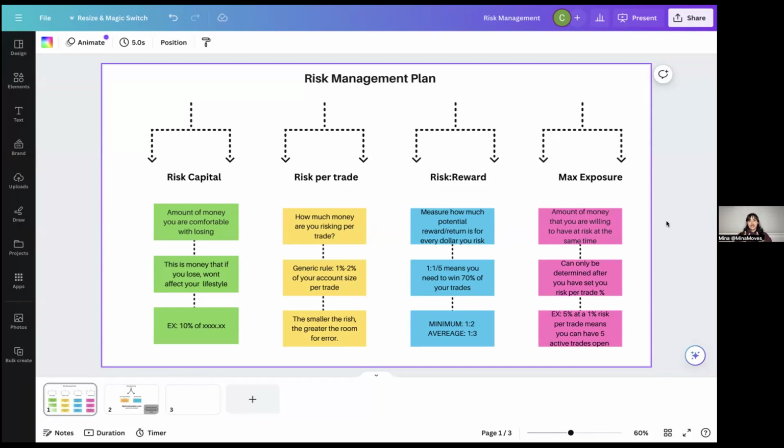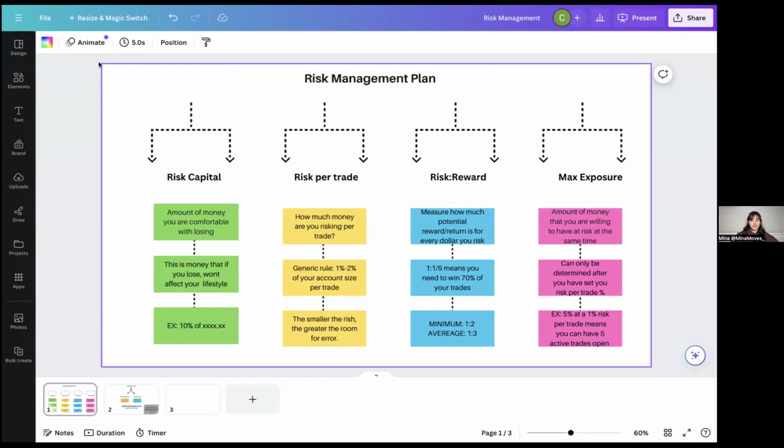So let's say you have a $3,000 savings account or a $1,000 savings account. The rule of thumb is 10%. And if you're starting a trading account with us after your demo account trades for 10 days, then the rule of thumb here with us is 250 to 300, max 500. And that is pushing it.